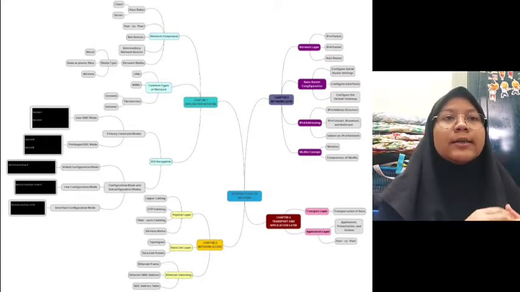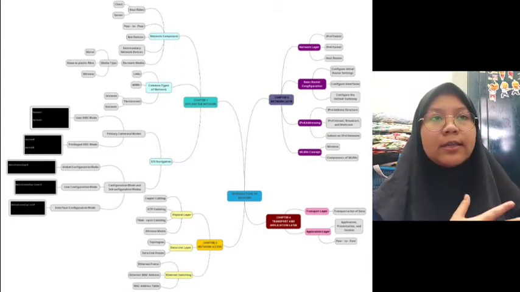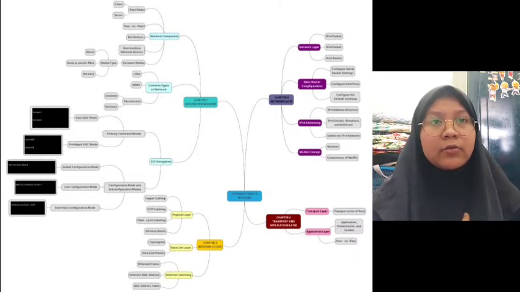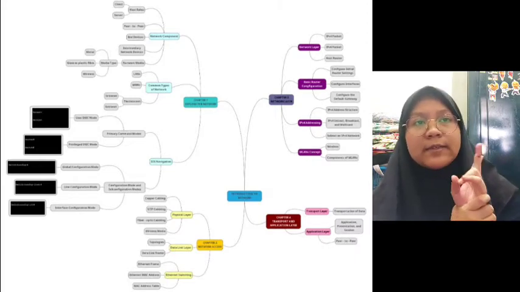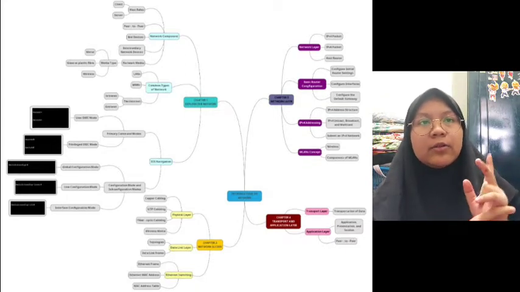So moving on to topologies. The topology of a network is the arrangement and relationship of the network devices and the interconnections between them. There are two types of topologies: physical topologies and logical topologies.